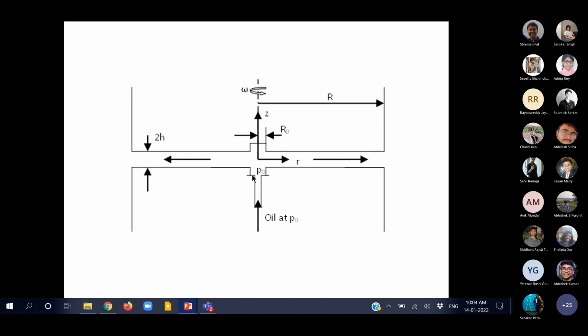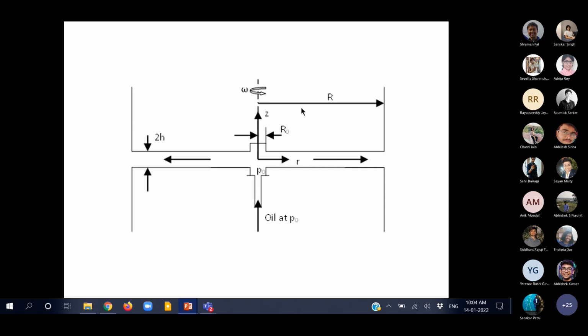Once again, the region very close to this entry point we are not taking into account. We are solving the problem only from that point onwards, where the flow has stabilized. It will flow in the r direction, but at the same time the top plate is being rotated with some angular velocity omega.